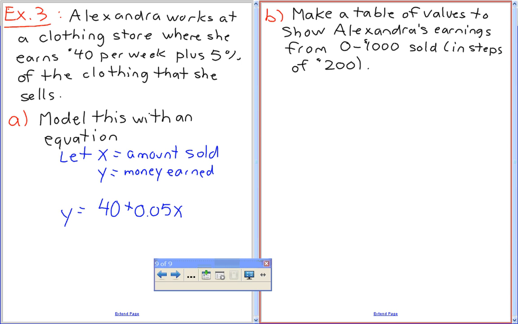Part C is going to say graph. So I want you to make the table with the graph there.